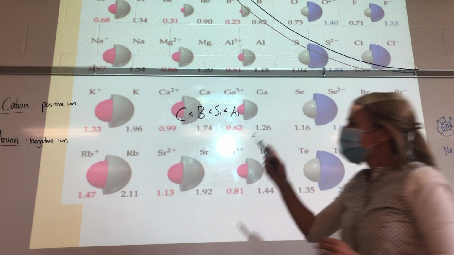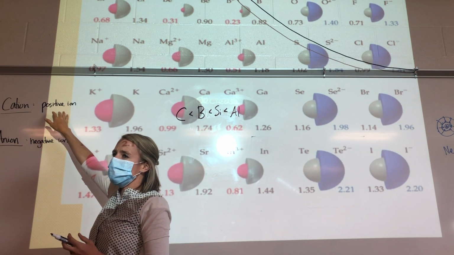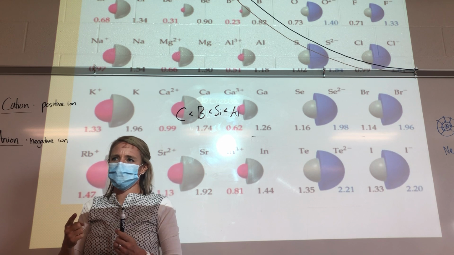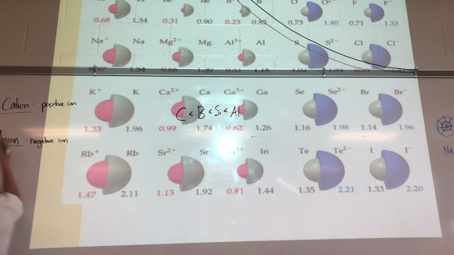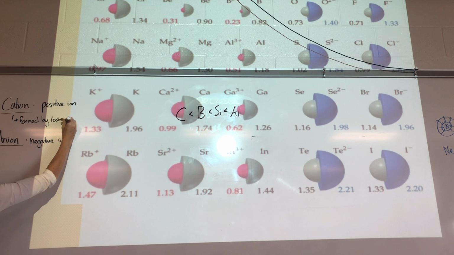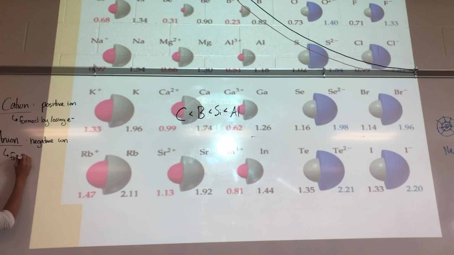Okay, so what happens to an atom that makes it become positively charged? Take an electron. Good. So cations are formed by losing electrons, and obviously the reverse, anions are formed by gaining electrons.